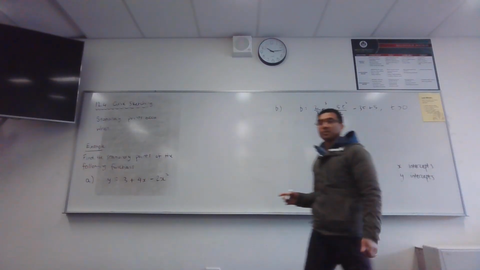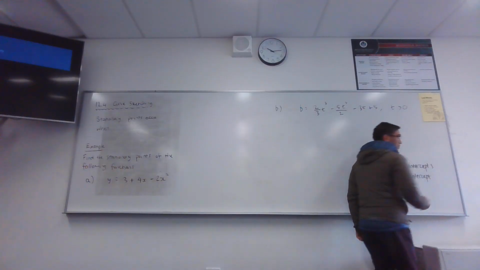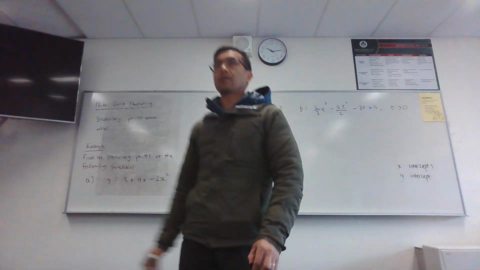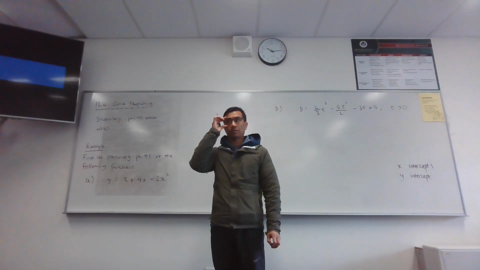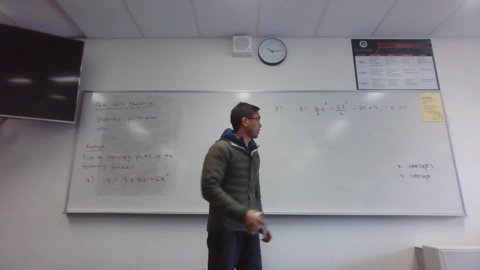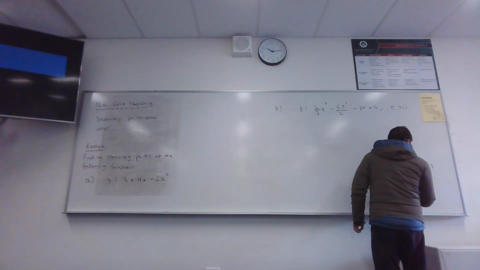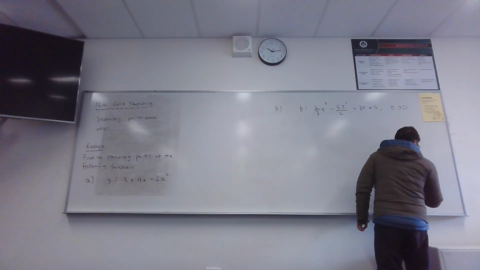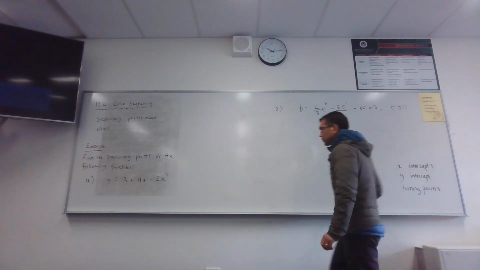Sometimes there's two Y intercepts, but that's for other graphs. Let's keep it simple. Okay. All right. Anything else? Yeah. Turning point. Okay. Now we're into the topic where turning points are really important. It's the main feature.